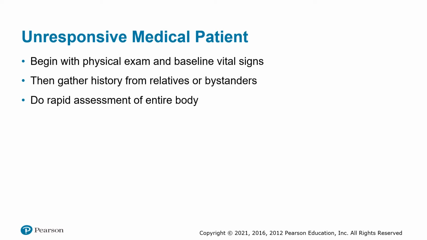In our unresponsive medical patient, we're going to begin with the physical exam and baseline vital signs. Those baseline vital signs are going to guide your patient assessment and the physical findings as well. Gather history from relatives or bystanders, and do a rapid assessment of the entire body.